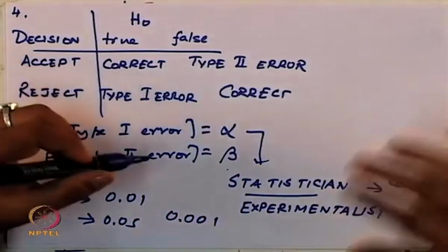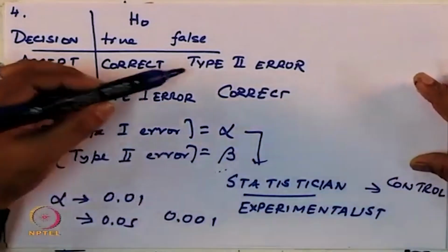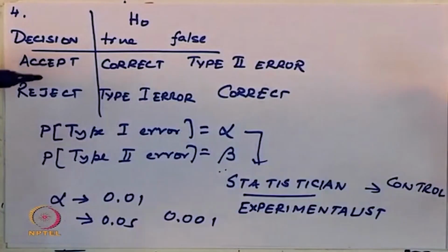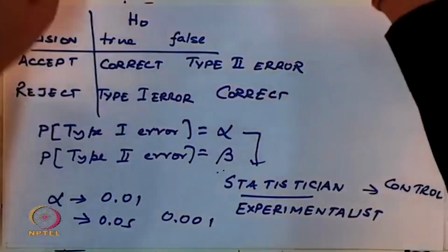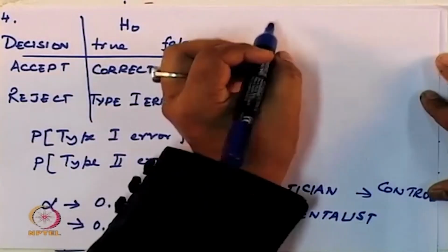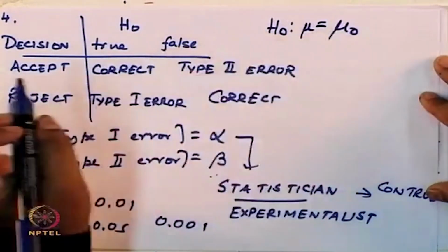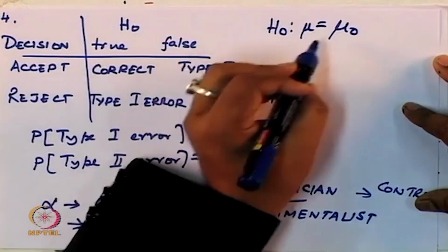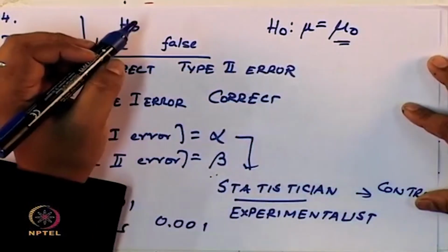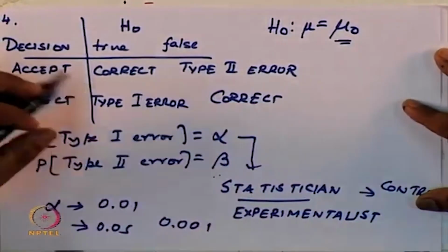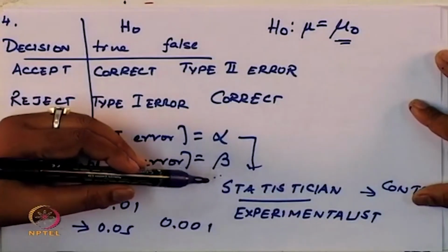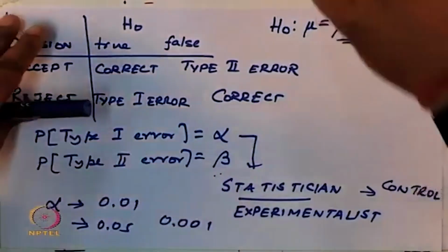Why? Because beta is your type 2 error, which is that you are accepting H naught when it is false. So, your H naught is mu equal to mu naught, right. If your H naught is false, you have no idea of what the value of mu is. So, how can you go about setting the value of beta? This is very difficult to know.